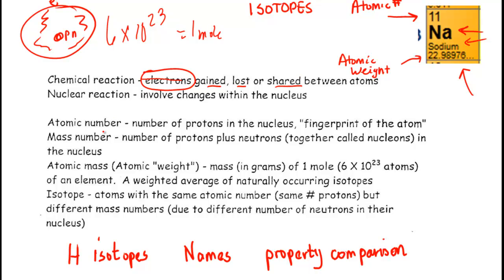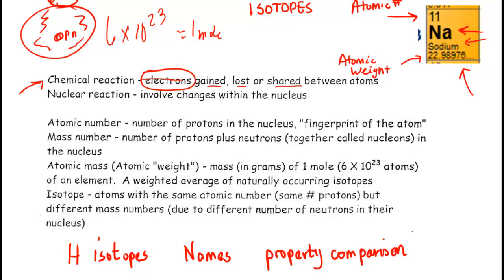We also have nuclear reactions, which we really cannot control easily, but they involve changes within the nucleus. So most of the things, when we talk about chemistry, we're talking about the electrons being involved, not the nucleus and the protons and neutrons.